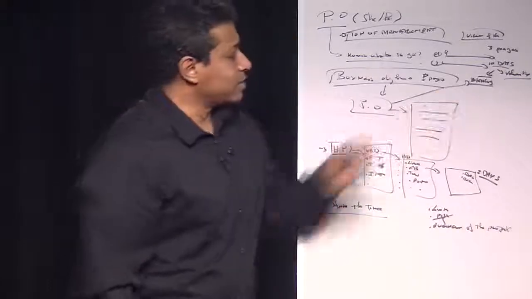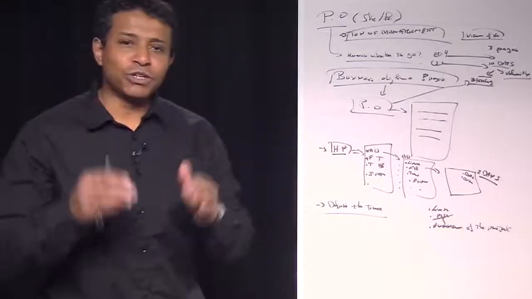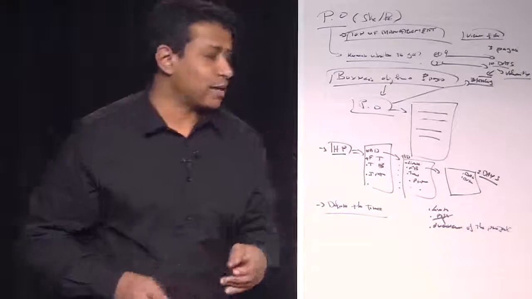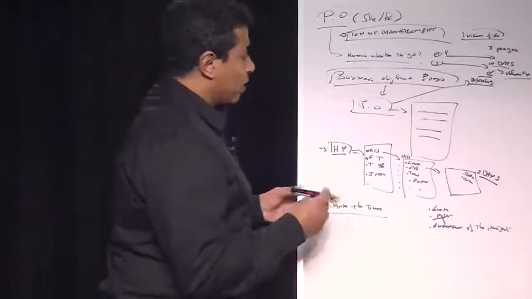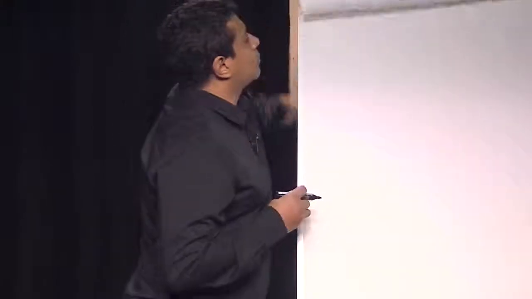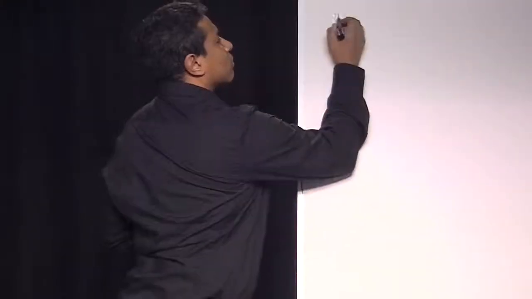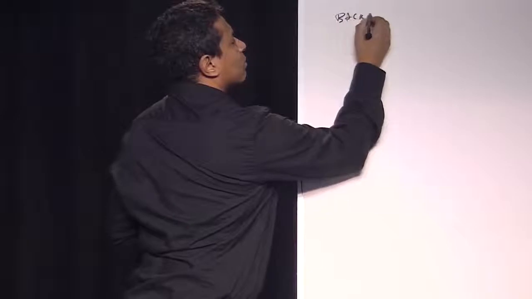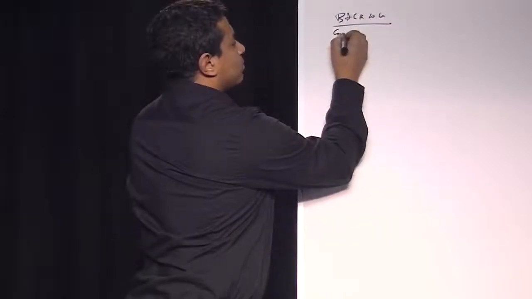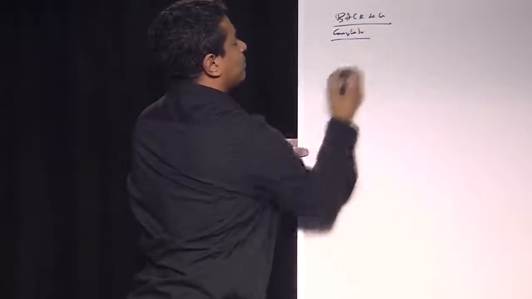For the backlog, same. The product owner has 2 different ways of developing a backlog. First way for the backlog: a complete backlog. Which means what?